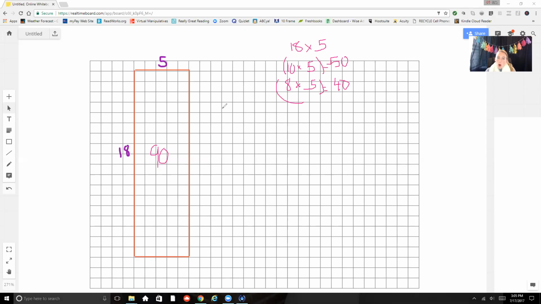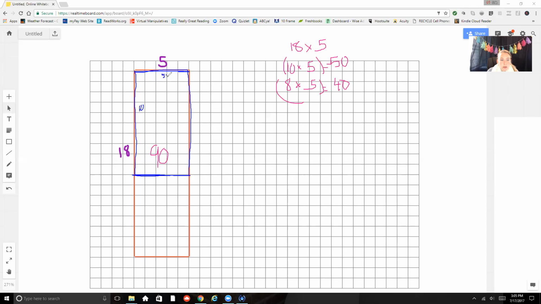When I did 10 times 5, all I did was break our big array down into a smaller portion. So I said, okay, 10, so 1, 2, 3, 4, 5, 6, 7, 8, 9, 10. And then 5, we know this is 5 across. So I made a smaller rectangle. And so that was 10 times 5.